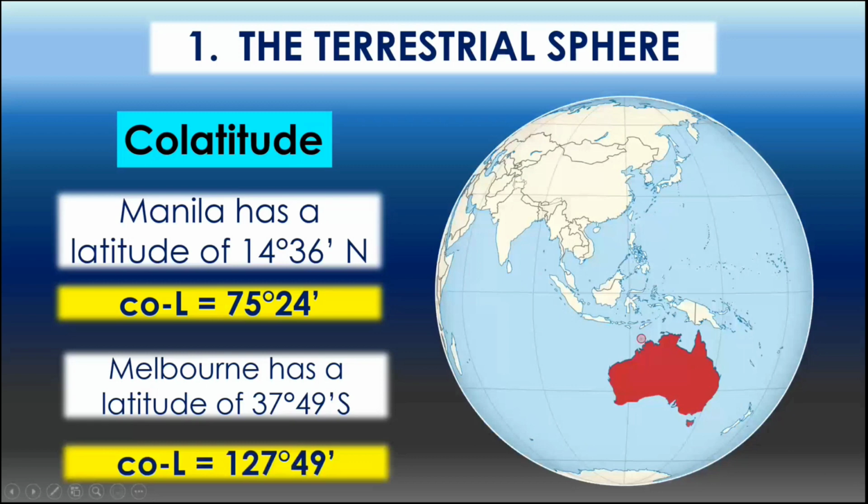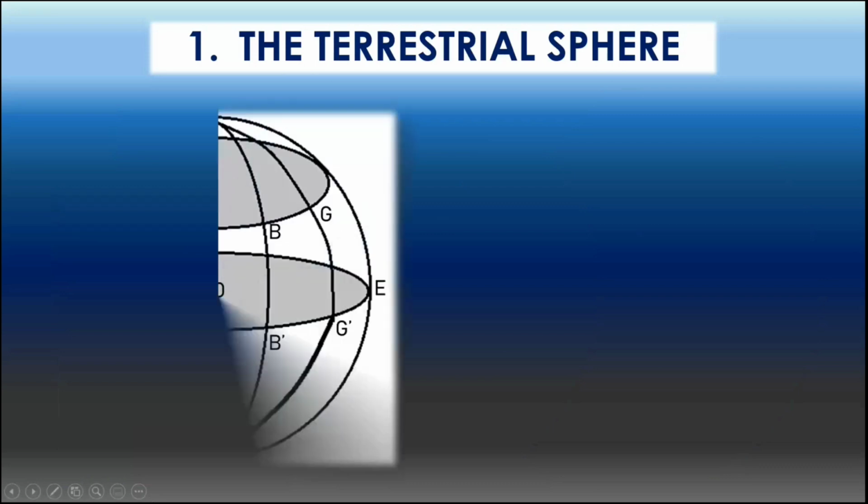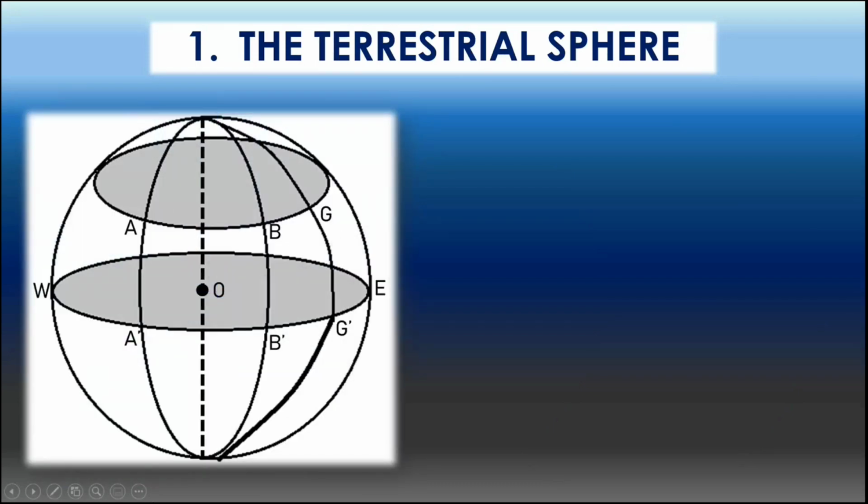Just remember that if it is on the northern hemisphere, or north of the equator, you're going to deduct its latitude from 90 degrees. If it is on the southern hemisphere, or south of the equator, you're going to add 90 degrees to its latitude.